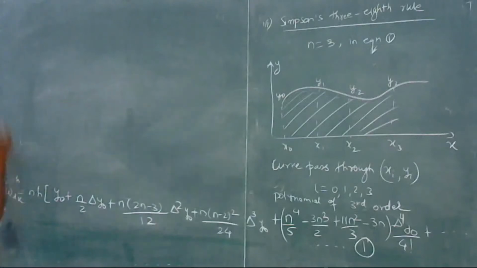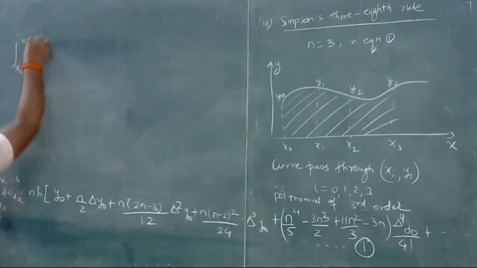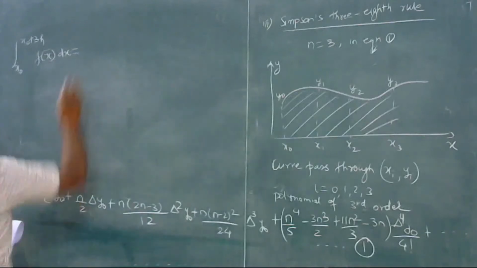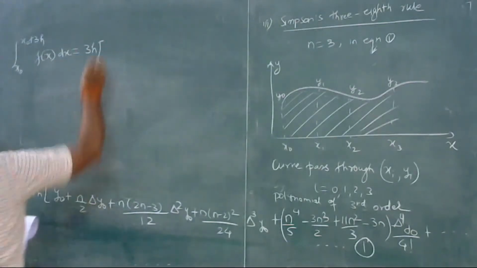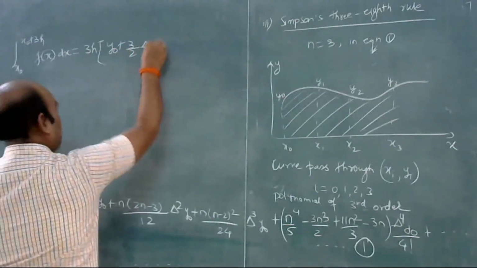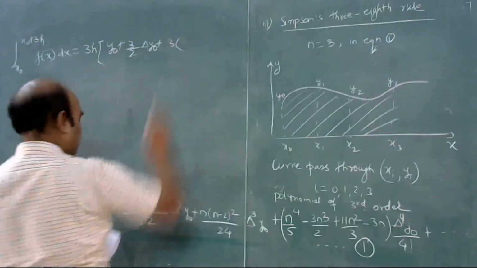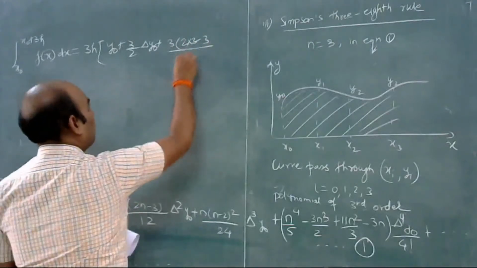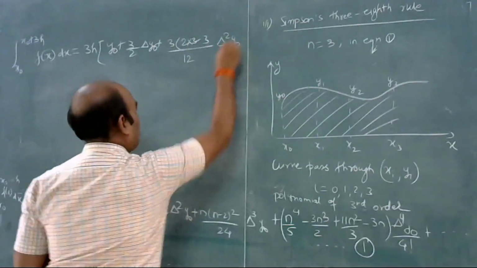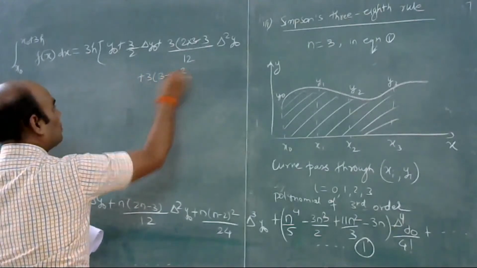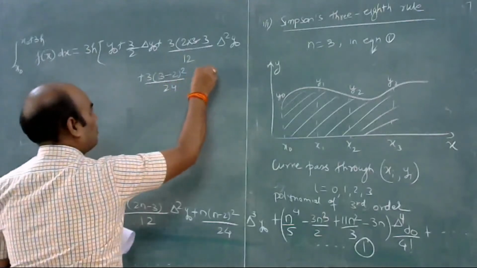Putting n is equal to 3 here, the integral from x0 to x0 plus 3h of f of x dx is equal to 3h times y0 plus 3 by 2 del y0 plus 3 into 2 into 3 minus 3 divided by 12 del square y0 plus 3 into 3 minus 2 whole square by 24 del cube y0.